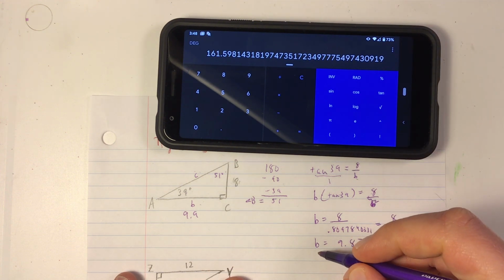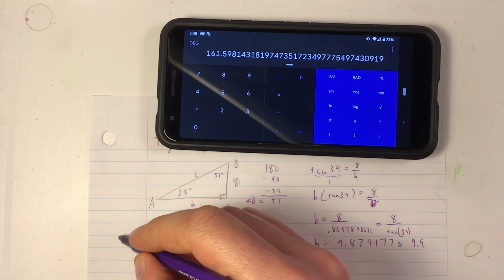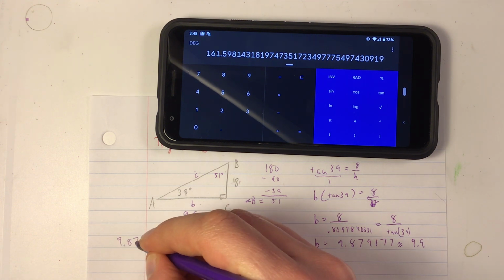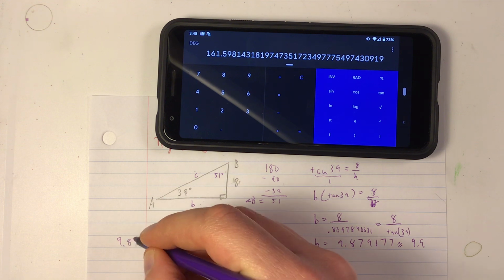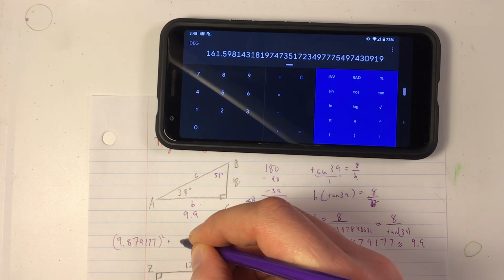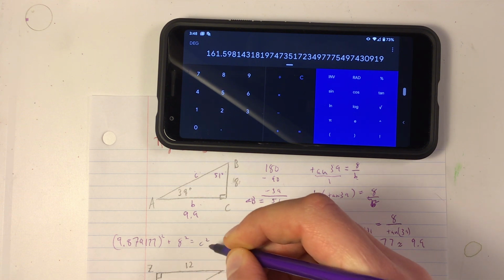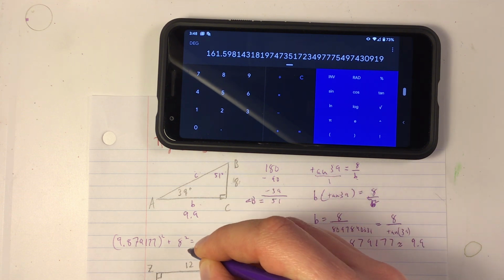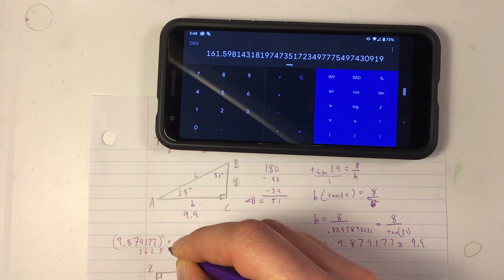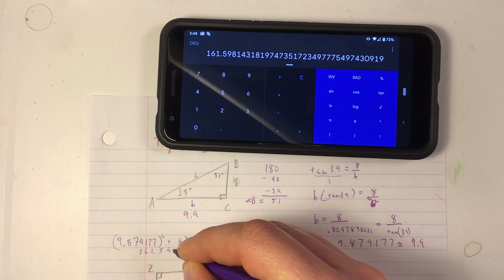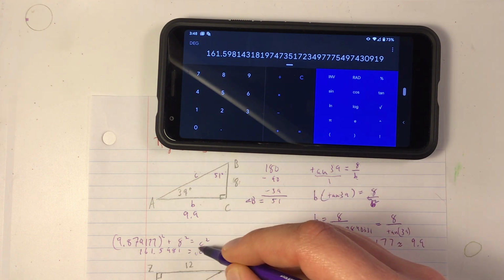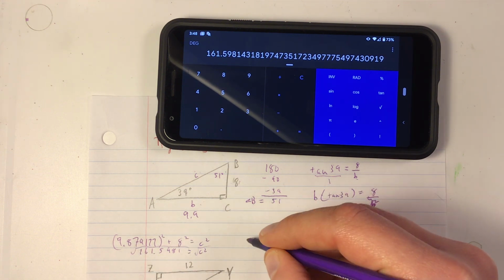So let's do this over here. 9.879177 squared plus 8 squared equals c squared. So c squared is 161.5981. And then to find c, you got to take the square root of both sides.